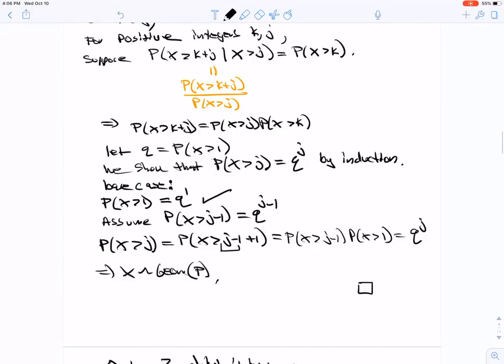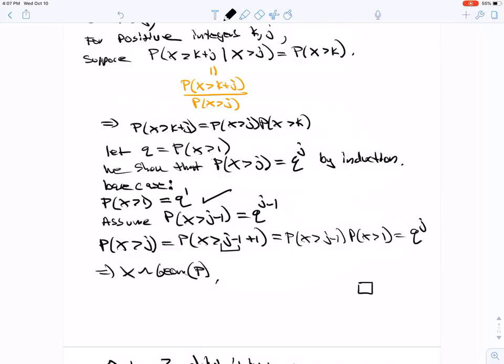Now let q be the probability that X is greater than 1. We're going to show by induction that the probability that X is greater than j is q to the j. If we show that, then we'll conclude that X is geometric, because remember, X is geometric if and only if not only the geometric formula holds, but also the probability that X is greater than j is equal to q to the j.